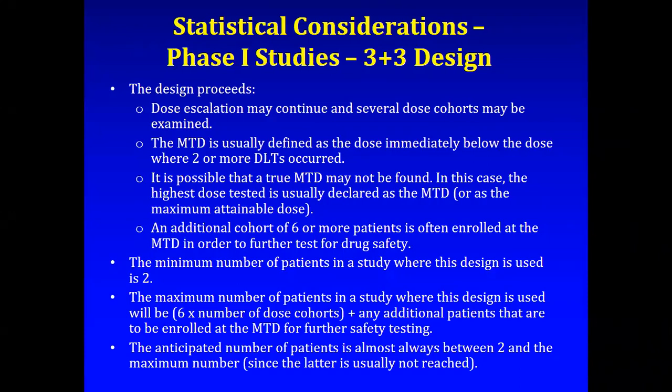So the maximum number of patients in the study would be, since we can have 6 in a cohort, 6 times the number of dose cohorts we plan to examine, plus any additional patients that we plan to enroll at the MTD to further test the drug for safety. So that's the maximum number we would have on a phase 1 study using a 3+3 design.